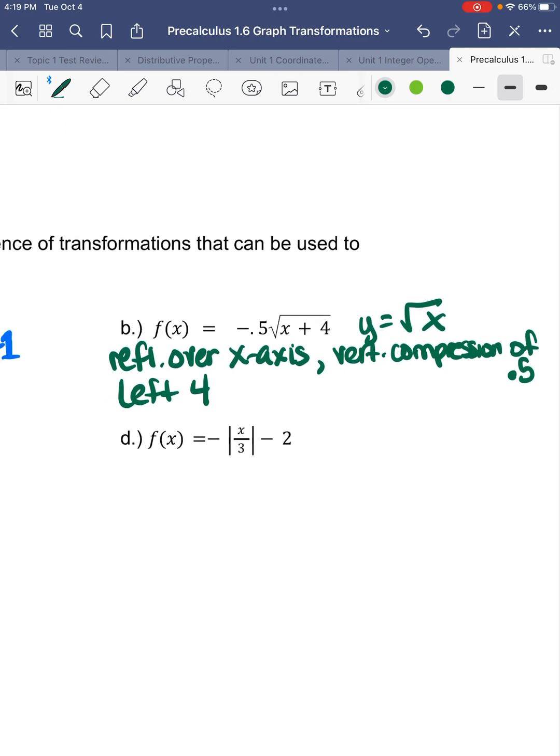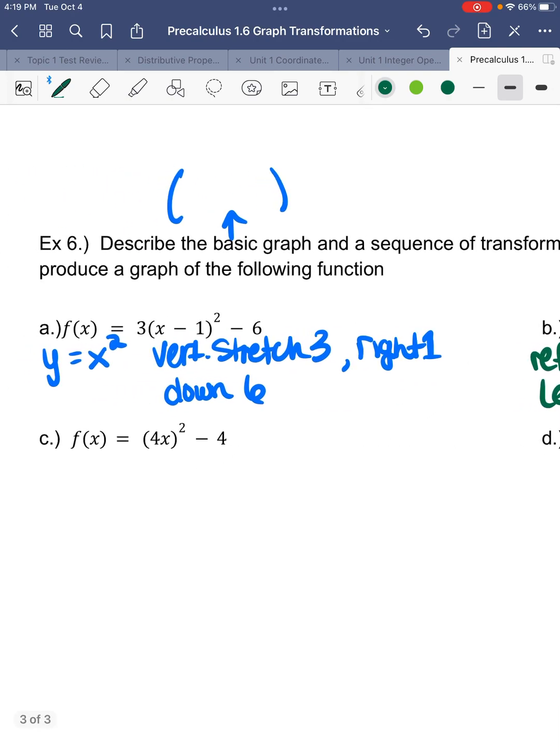All right, I wanted to look at a couple of horizontal shrinks or compressions and stretches. I'm going to address that first. This 4 right here, when we're talking about 4x and the number is inside the parentheses, I take that 4 and to figure out what happens, I take the reciprocal. The reciprocal of that is 1/4.